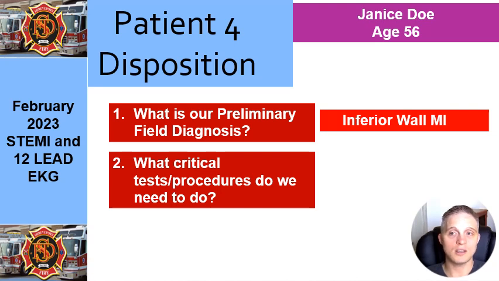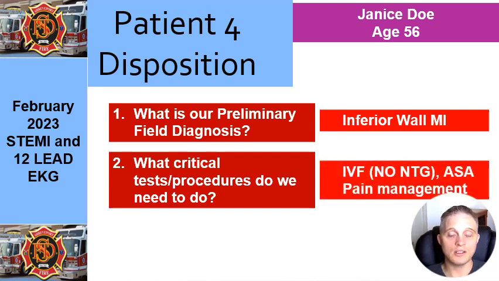What do we need to do with this? Well, we have to give them IV fluids. In certain systems, there's no nitroglycerin. This is service specific, but we want to be very, very careful that you provide them fluids, because like we mentioned before, the right coronary artery that's coming on the right side of the heart, on the right ventricle, right atrium, is not only providing blood flow to the pacemaker of the cell, but it's also making the blood go to the part of the heart that sucks in the blood from the rest of the body, providing preload.